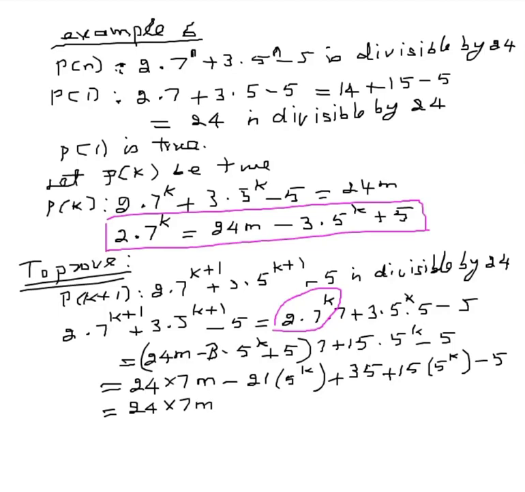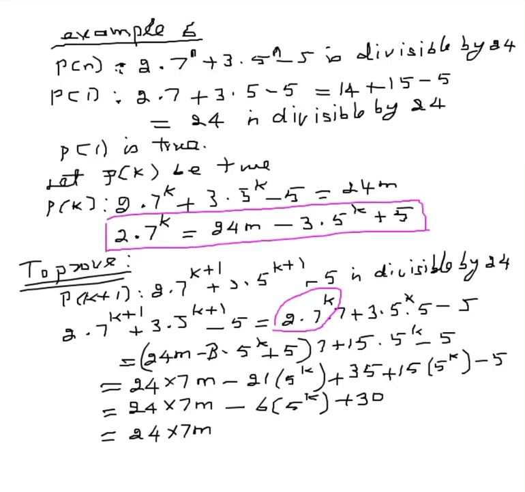Here we have minus 21 times 5^k and plus 15 times 5^k. Minus 21 plus 15 is minus 6 times 5^k, plus 30.